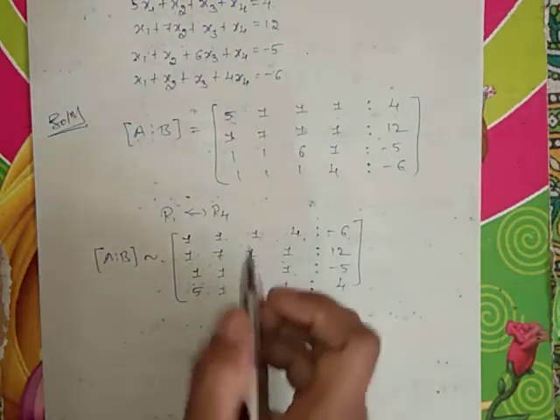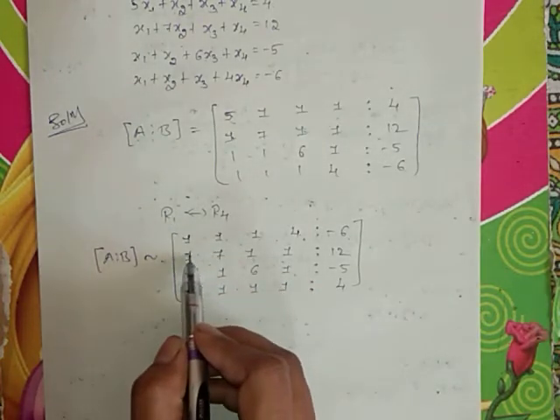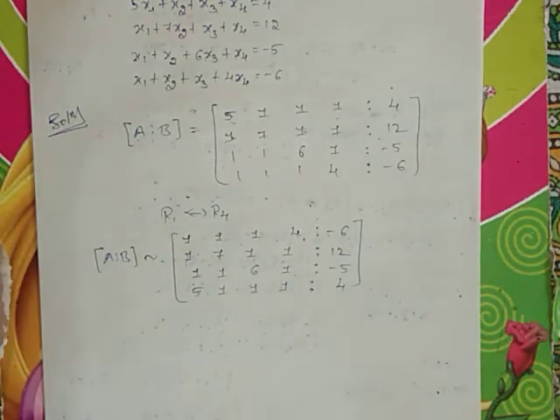So the next procedure is, using this element, make all these below elements 0.